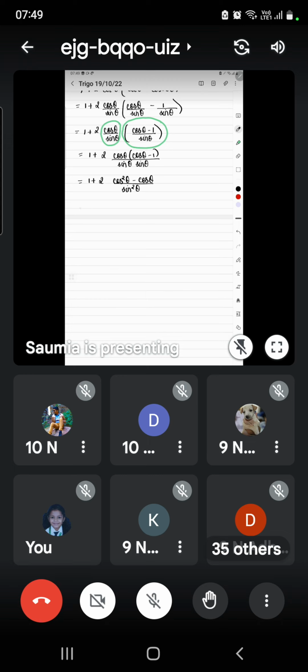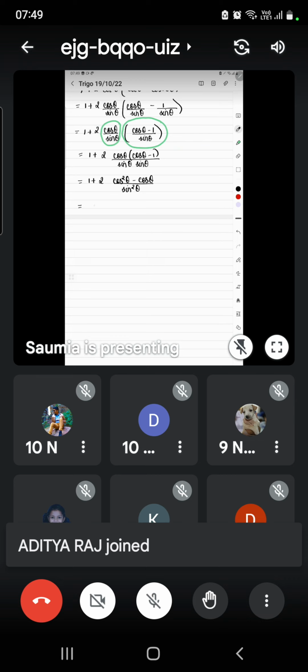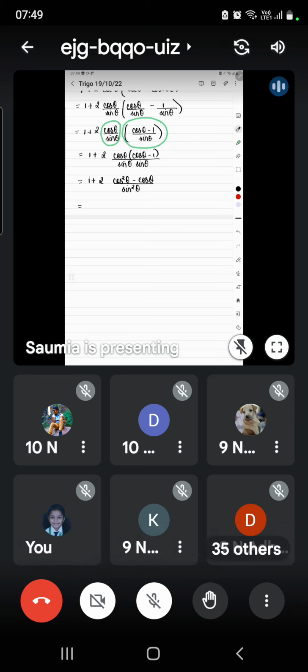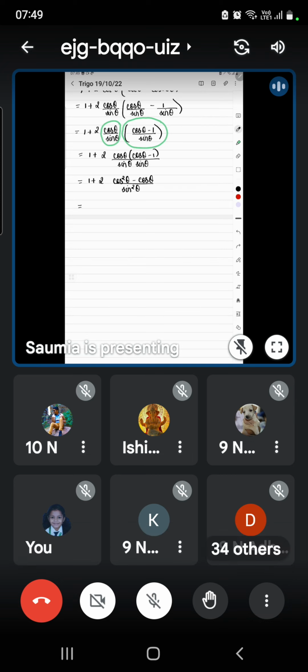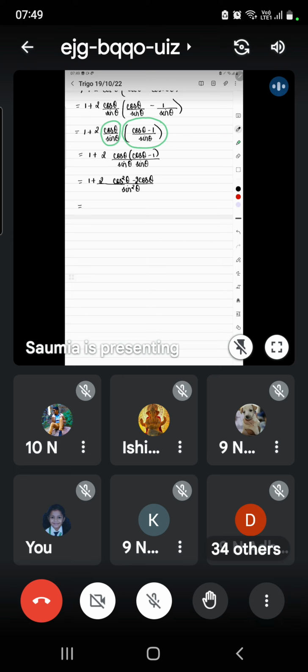Then what to do? This is one fraction, this is another fraction, right? Ma'am, cross multiplication. Yes, we can cross multiply. Before that, 1 minute, I missed this 2, no? 2 will come here also, right? So what can I write this as?